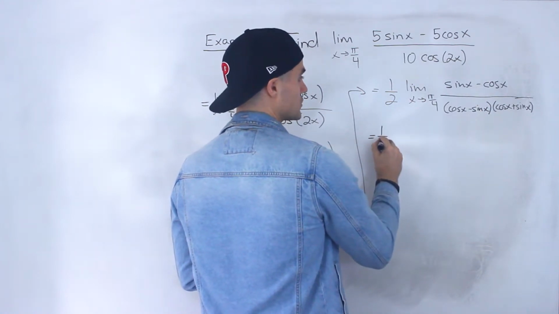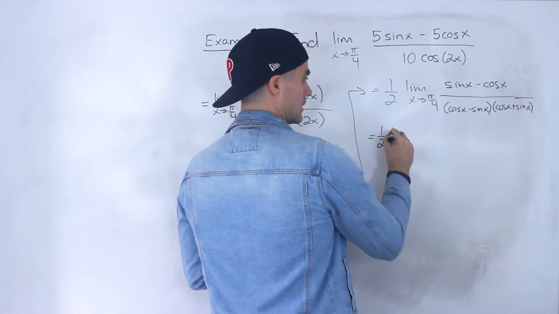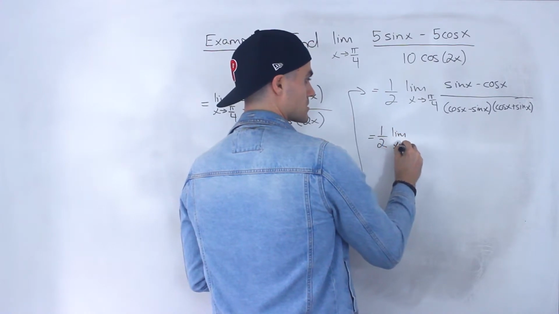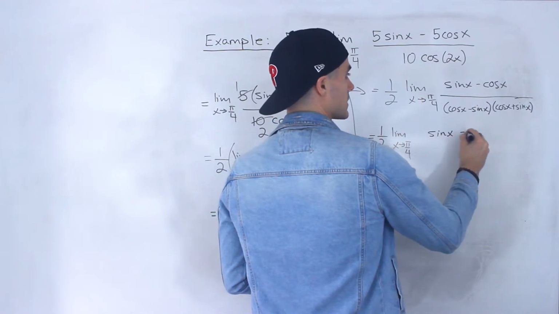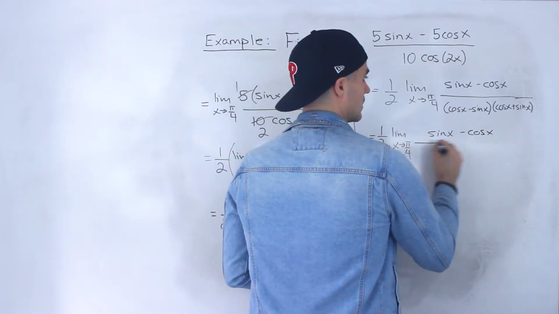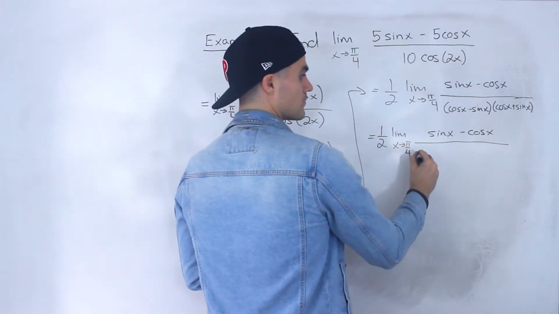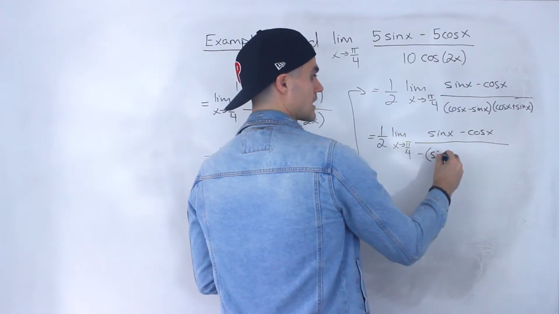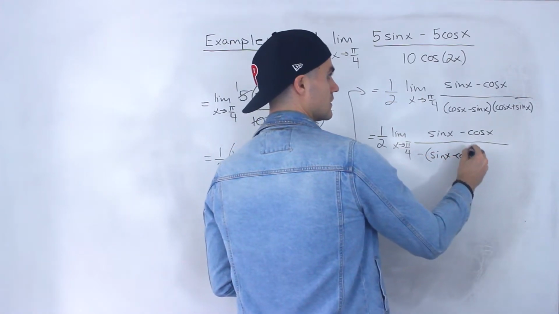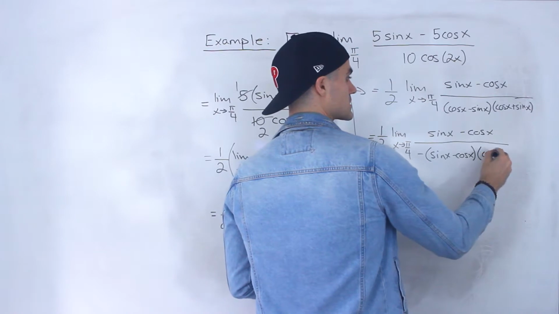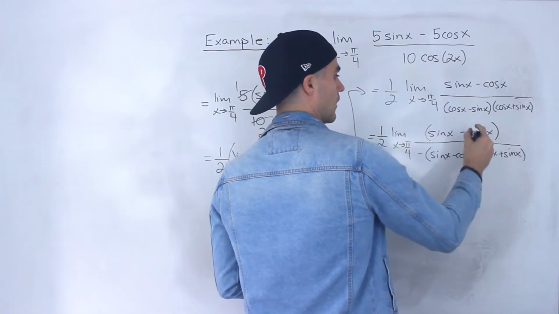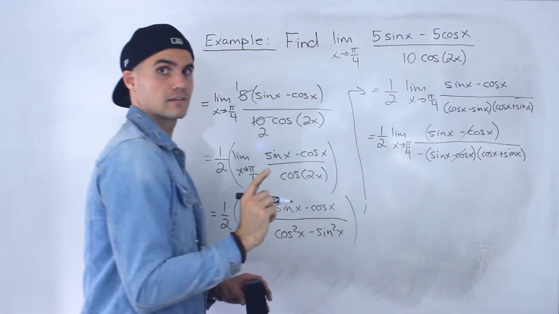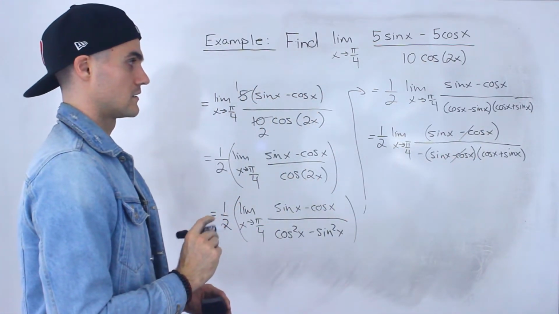So we would have 1 over 2 times the limit as x approaches pi over 4 of sine x minus cos x all over, and I could factor out a negative from this bracket. That would turn into sine x minus cos x, and then we'd have cos x plus sine x left in the other bracket. And now this and that cancel out, right?